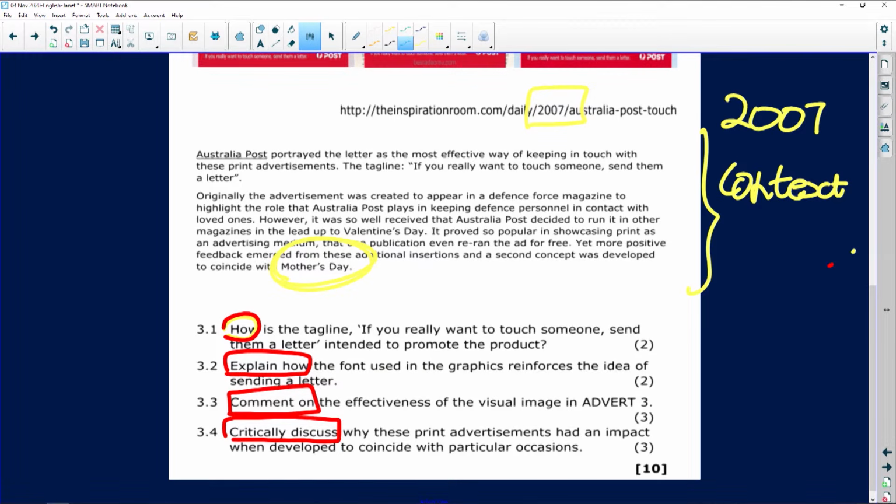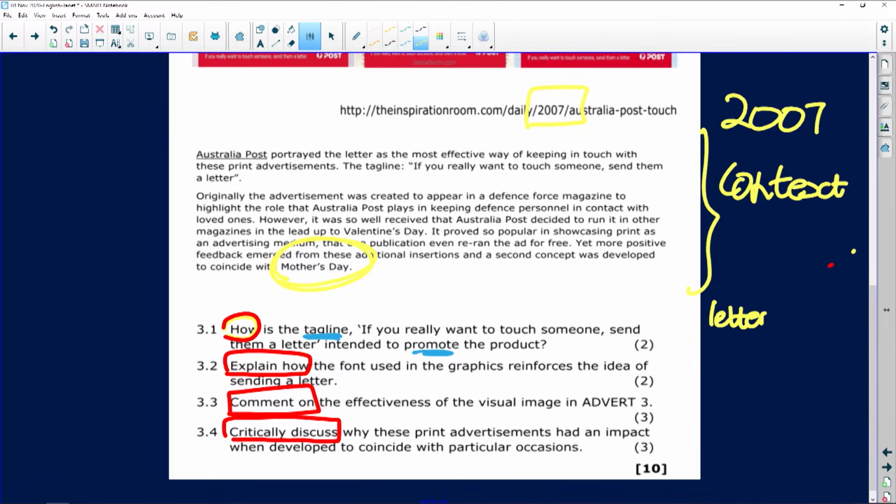How is the tagline intended to promote? So I would say tagline and promote. So you start with, well, what is the product? The product, physical letters that you physically put a stamp on and send through the mail. So how is the tagline intended to promote that product?